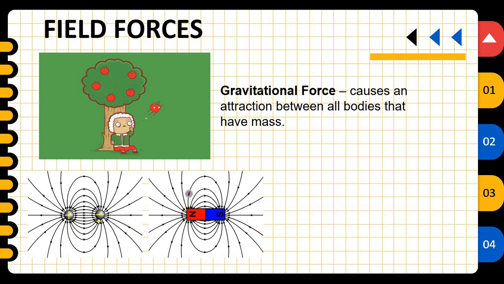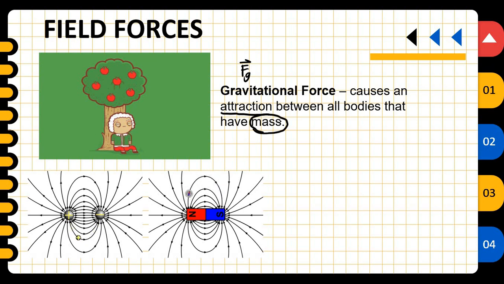Gravitational force would be present when there is a body, or there are bodies, that have masses. So F sub g is the symbol that we use for gravitational force. Again, let me reiterate that. It is an attractive force, and this will be present when there is a mass.